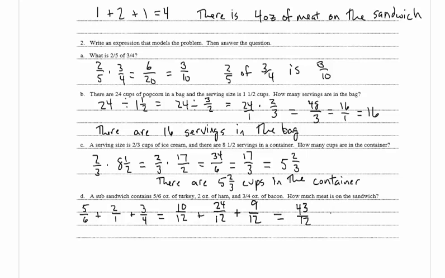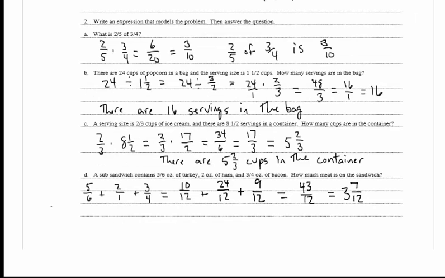And then if we wanted to write that as a mixed fraction, 43 divided by 12 is 3 with a remainder of 7. So we could write this as 3 and 7/12. So there is 3 and 7/12 ounces of meat on the sandwich.